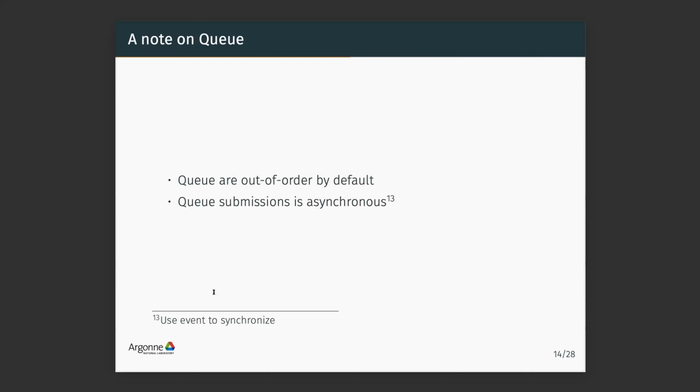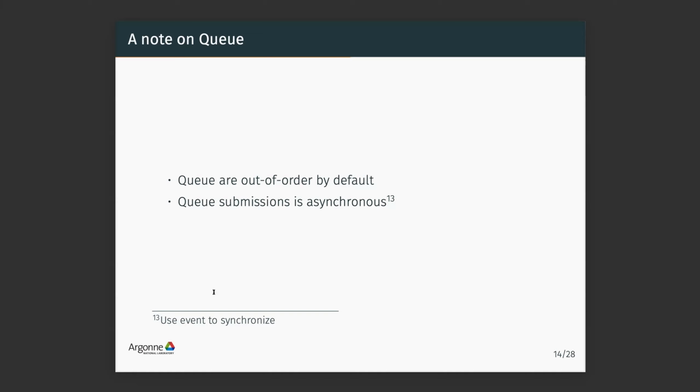Maybe another thing, if you are not in CUDA or OpenMP too: queues are by default out of order. They did that for performance. So you need to be careful. You cannot assume, as in CUDA, that they are in order by default. In SYCL, they are out of order.